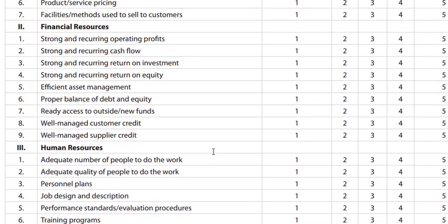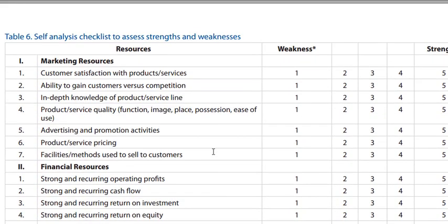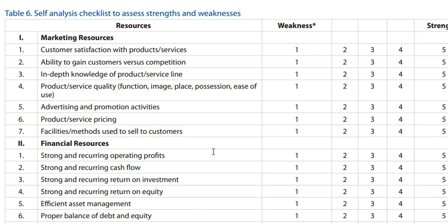All these resources exist with the organization. Now let's see how we can judge those resources. And that is based on the honest assessment about the company.